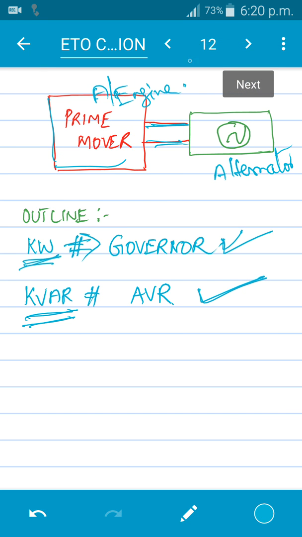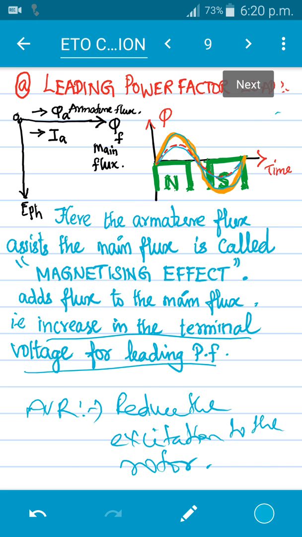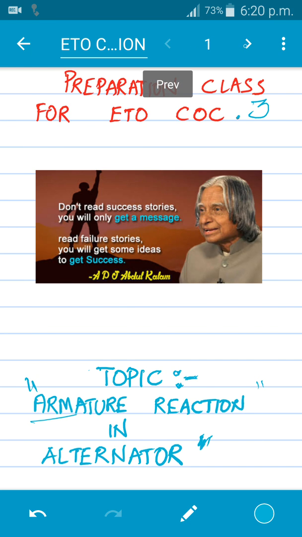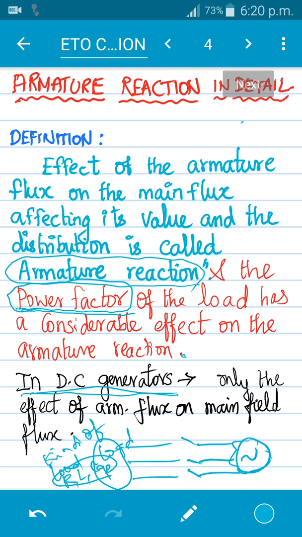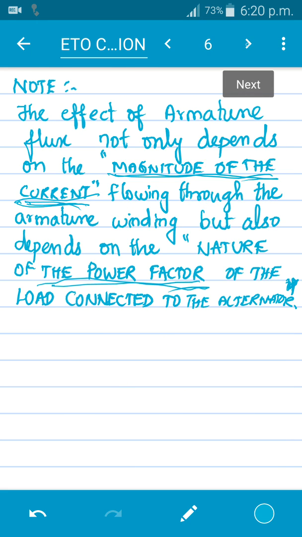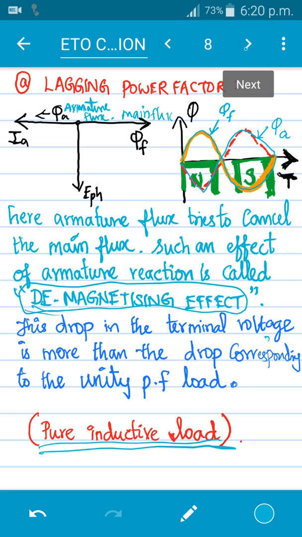So finally, if the surveyor asks about the armature reaction, start from the definition: the effect of armature flux on the main flux, which also has a considerable dependence on the power factor of the load. And you can also say that when a resistive load is connected to the alternator, the cross magnetization effect happens, that is the armature reaction.